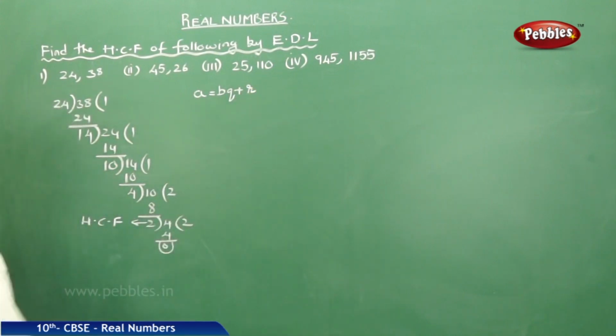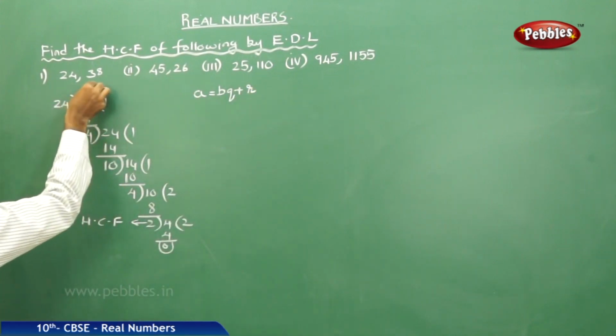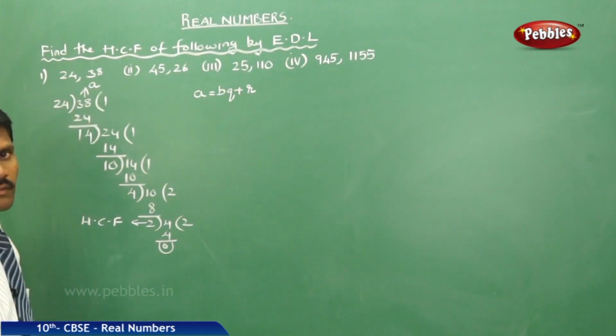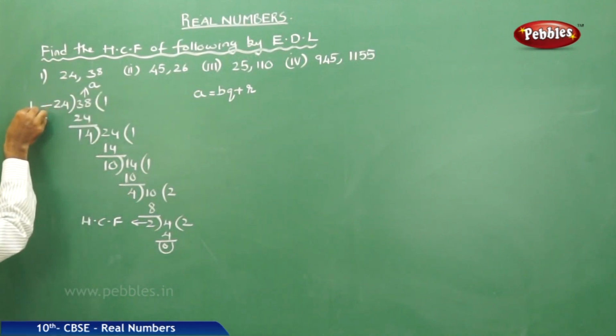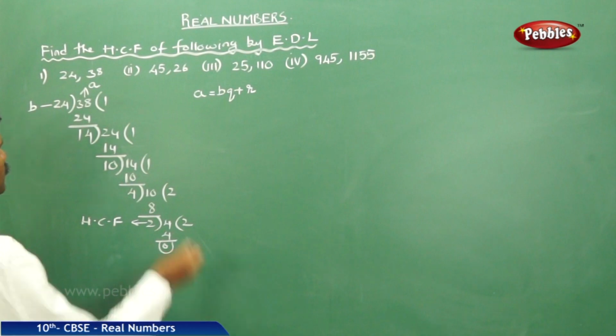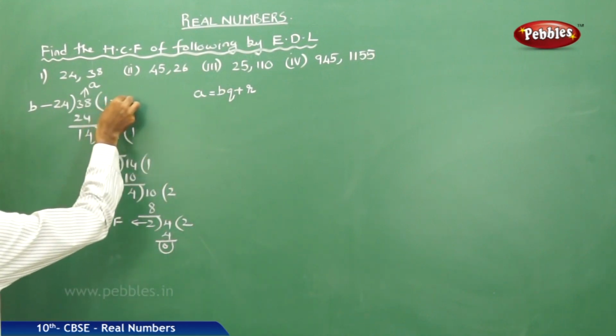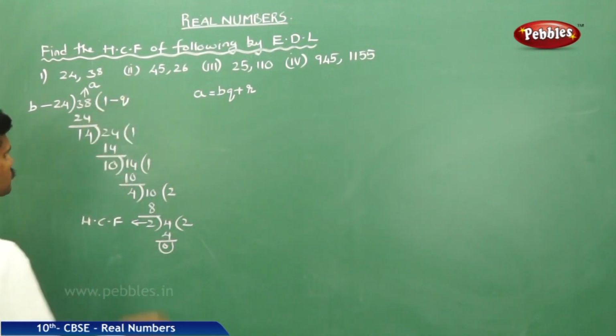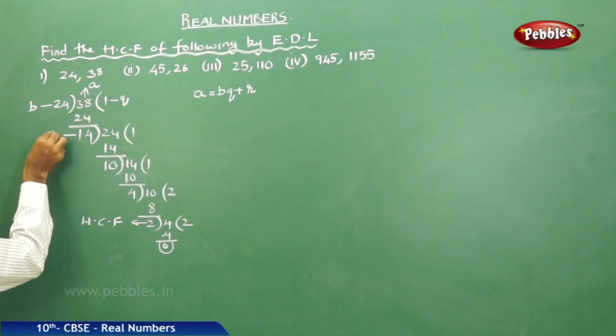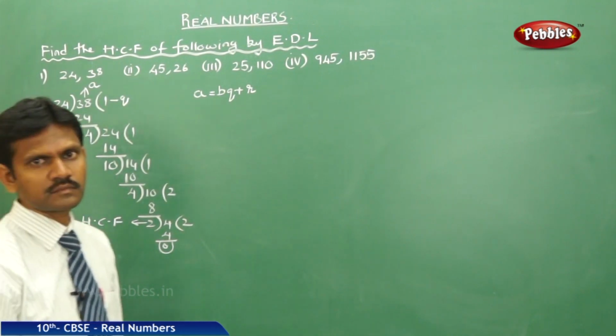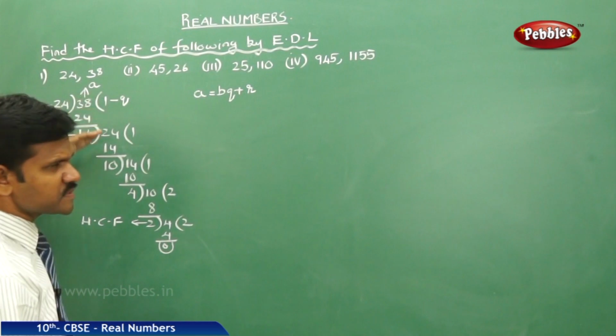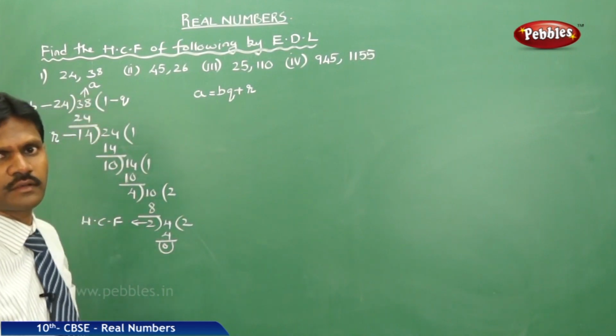Now let us identify the positions. This is a, b, quotient, and this is the remainder. Follow these steps continuously.